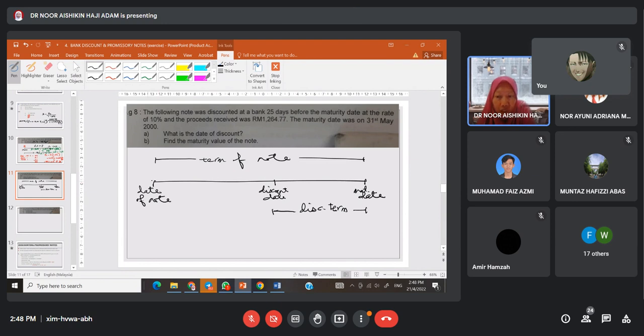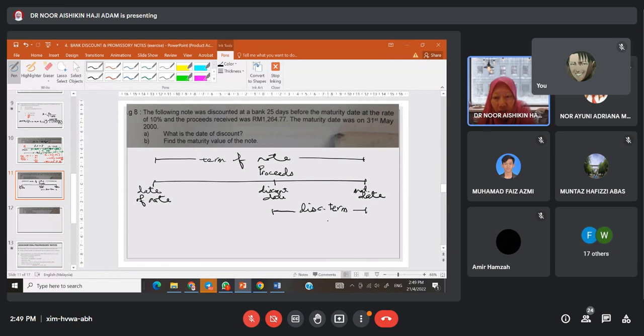Kan saya kata sepatutnya orang yang pegang note tu, dia kena pegang sampai maturity date. Tapi katalah dia tak nak tunggu sampai maturity date. Dia boleh pergi pada bank, a third party, dia jual note tu, and the date that he received the proceeds dia dapat kat sini, on the discount date. Proceeds on the discount date.